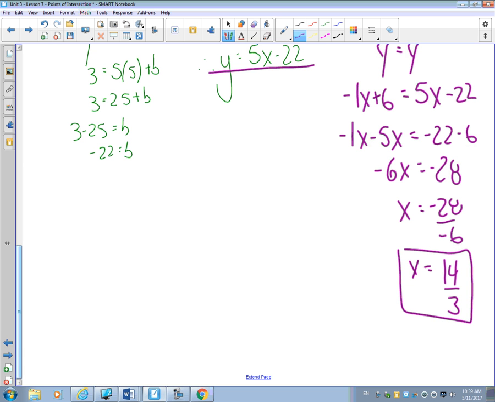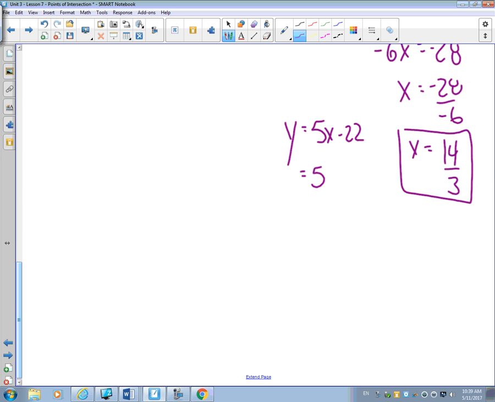But I'm not done. I need the y that goes with it. What do I know about y? Well, from this equation right here, y is 5x minus 22. Or you could use the other equation, your choice. But we know x. 5 times 14 over 3 minus 22 will give us 70 over 3 minus 22, which isn't very nice, but we can add these fractions together.